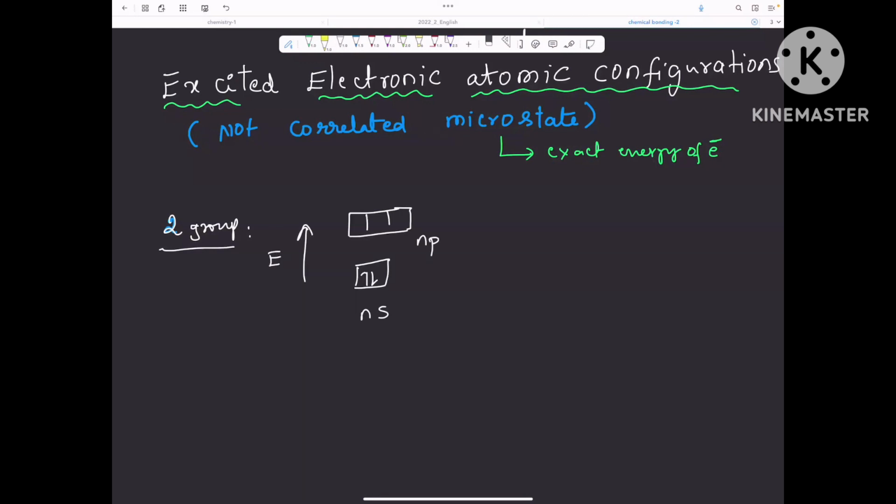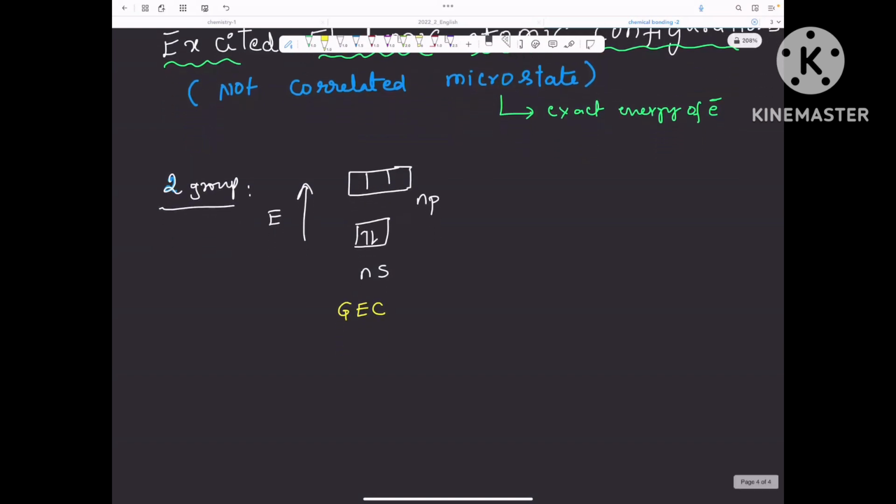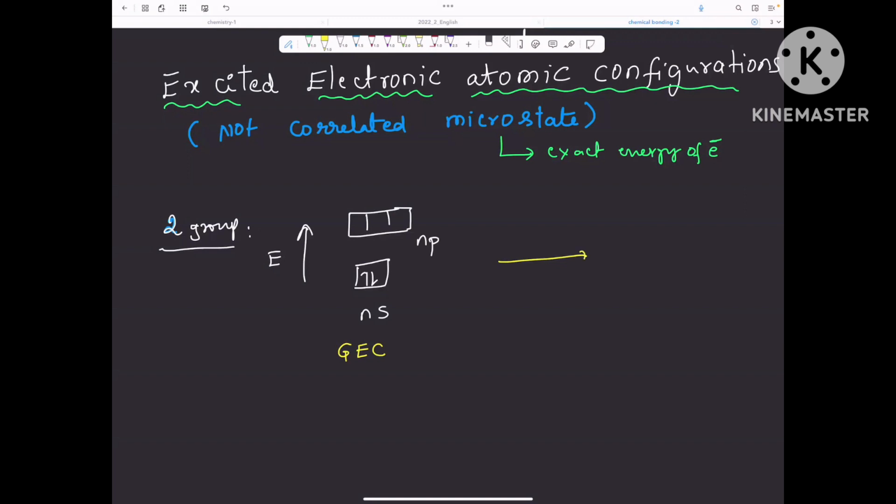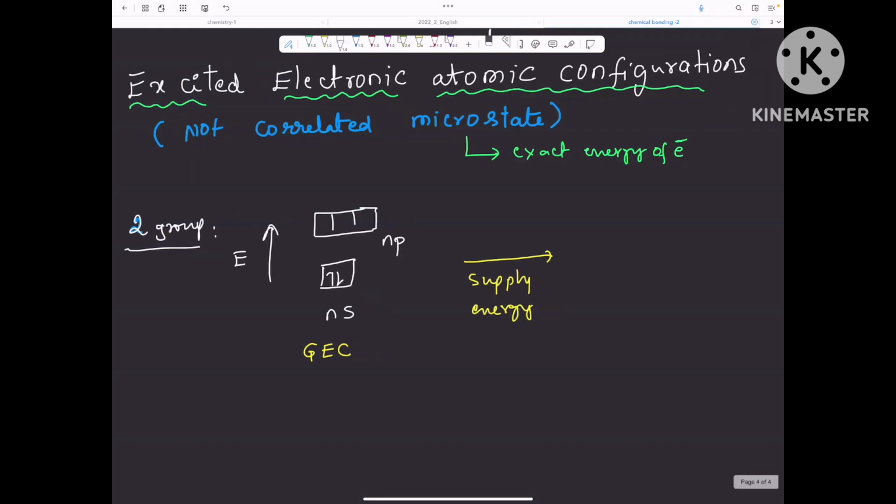Now what happens? This is a ground state electronic configuration. This is called ground state electronic configuration. Now supply energy, give some energy. Then what happens?